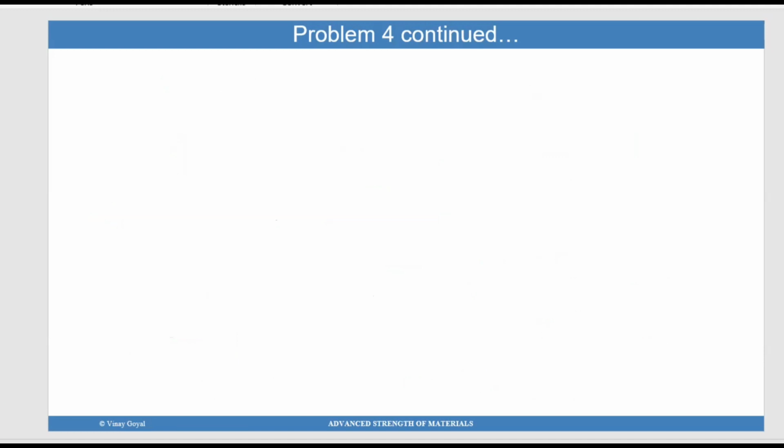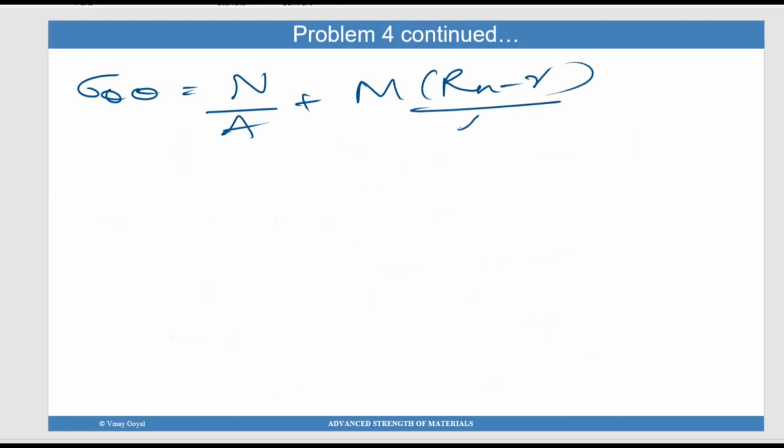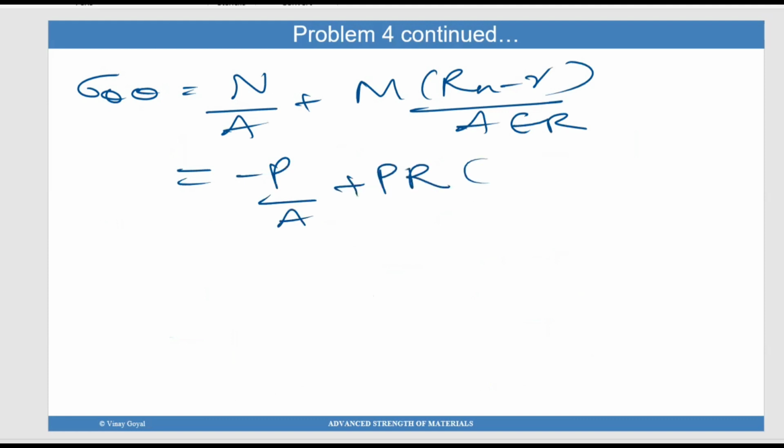So you'll get sigma theta theta equals N by A, minus M (Rn minus r) by A e r. So that is minus P by A, PR, sorry, this is small r.